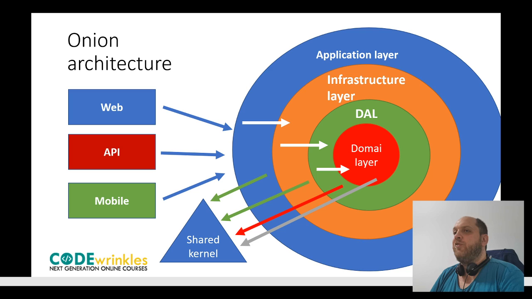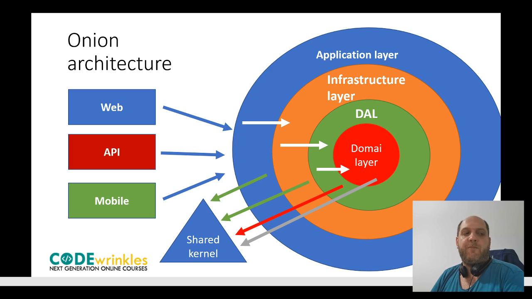Then if we go further through the outer layers of this onion, this would be the infrastructure layer. It can depend on the domain layer, but it cannot have references on projects that we consider as being the application layer.